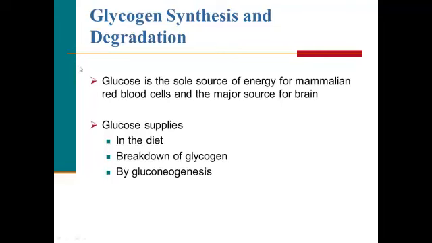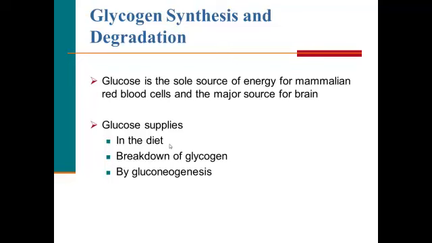Now, glucose is the sole source of energy for several very important cells within the mammalian body. So red blood cells and the central nervous system, particularly the brain, utilize glucose almost exclusively as their source of energy. Generally, when we're continually well fed, the diet is obviously going to be a suitable place for the red blood cells and our brain to acquire glucose.